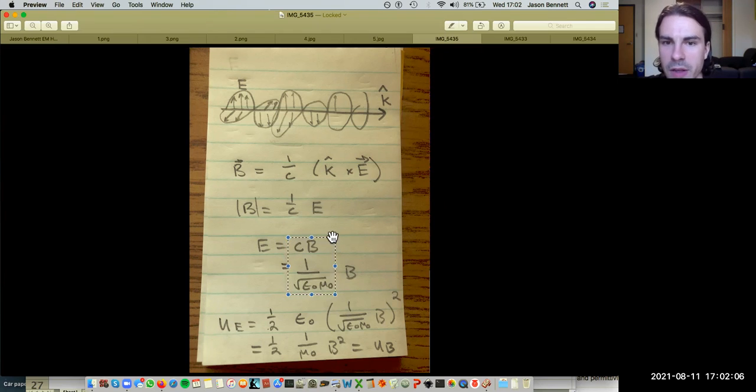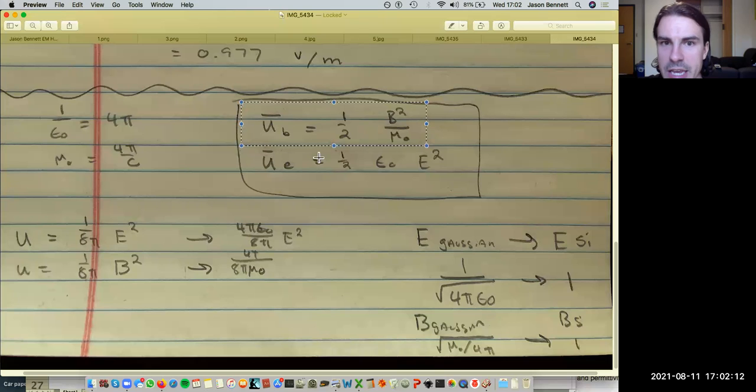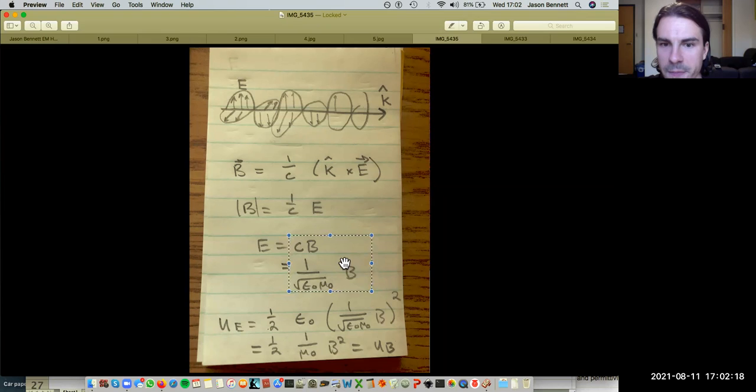And so if I plug this substitution into that equation I had for E, I'm squaring the square root stuff, and I get an epsilon and a mu, and the epsilons cancel, and I end up with the exact same equation I had before.